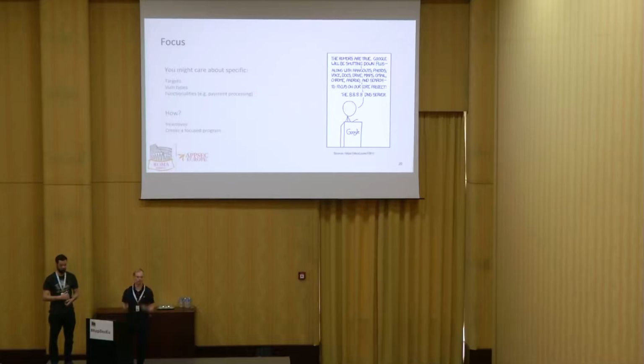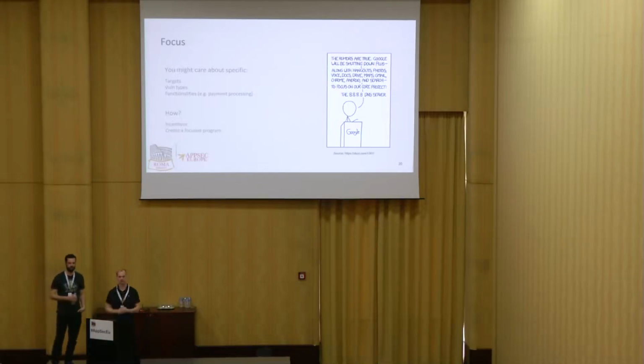Additionally, vulnerability types. Say you just deployed a new anti-CSRF protection. Researchers again don't know this, so call that out to them. Say, hey, we just deployed this. Tell us if you can break it, and if you can break it, we'll attach a reward to that, like a bonus or something to that capacity. And additionally, functionalities.